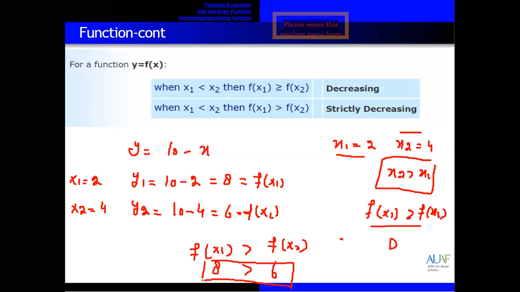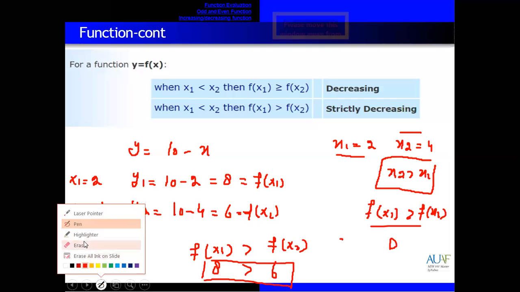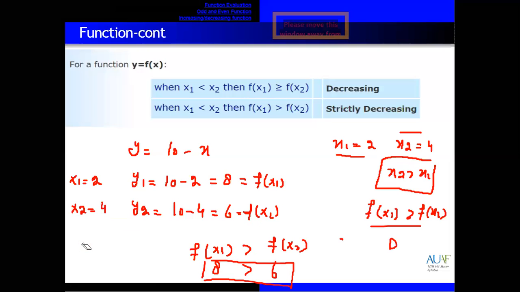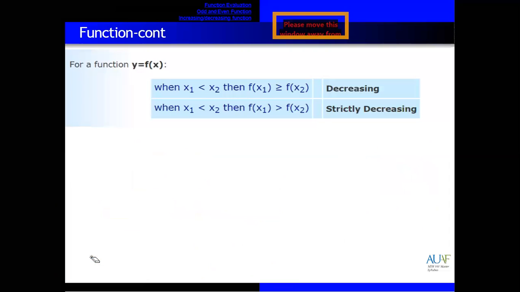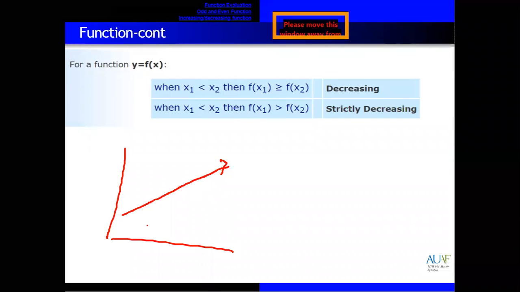You can also find whether a function is increasing or decreasing with the help of a graph. If we have a graph like this one, this function is increasing. In this case, the x value is increasing and the y value is also increasing.